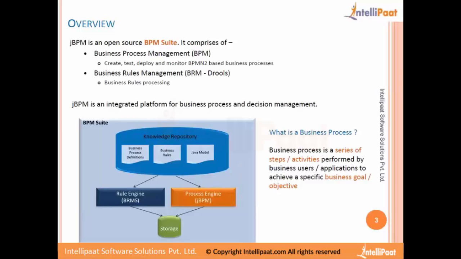The rule engine is again a Java engine which is able to execute all the rules that we have externalized from the application. The application will be integrated with the rules engine, and whenever a logic needs to be run, we fire a few rules, those rules get executed in the rule engine, and the output is sent back to the application.